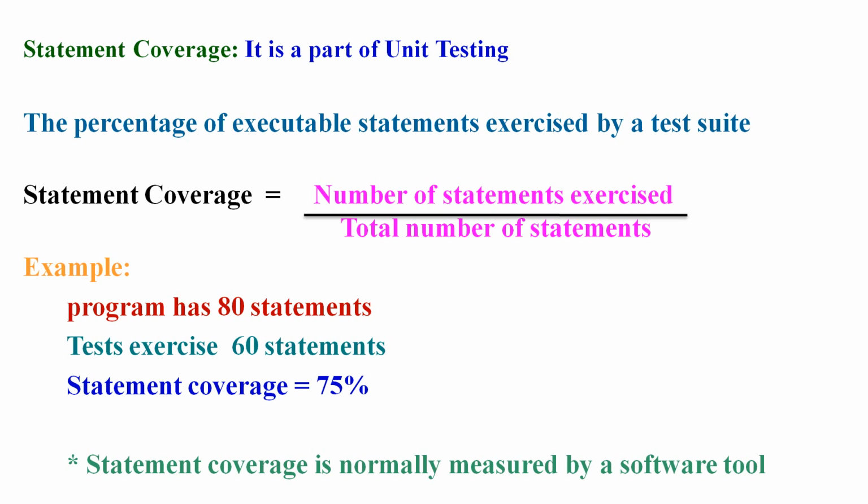So what does it mean? Generally in a project, each and every program will have hundreds or thousands of lines of code. One functionality will sometimes contain hundreds of lines of code, sometimes thousands. In this case, it will be very difficult for the software development team to calculate statement coverage manually.